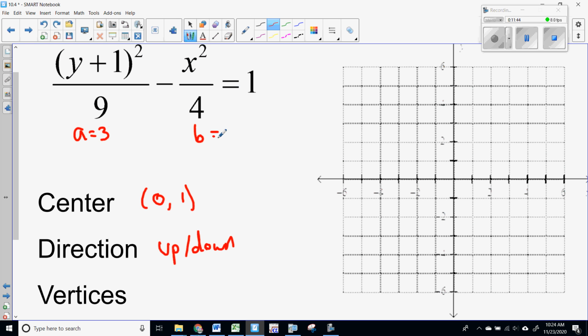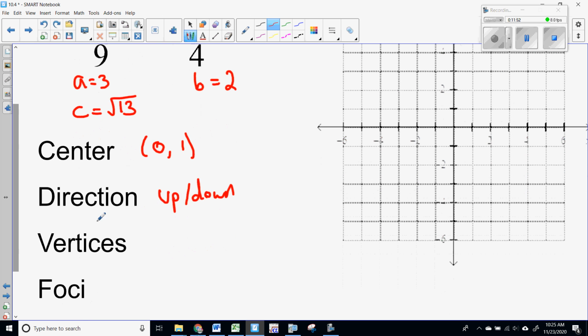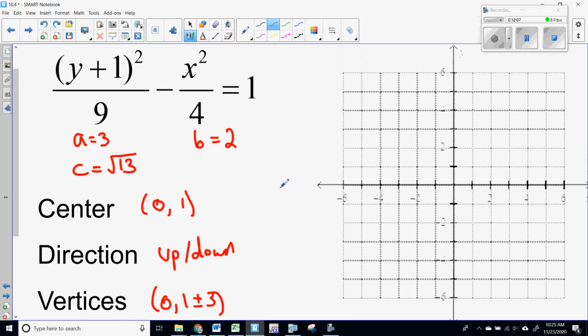My B is 2. My C, you add those together and take the square root, is the square root of 13. So I can fill these in over here. My vertices are 1 plus or minus 3, and my foci is 0, 1 plus or minus square root of 13. Now let's look at the graph.